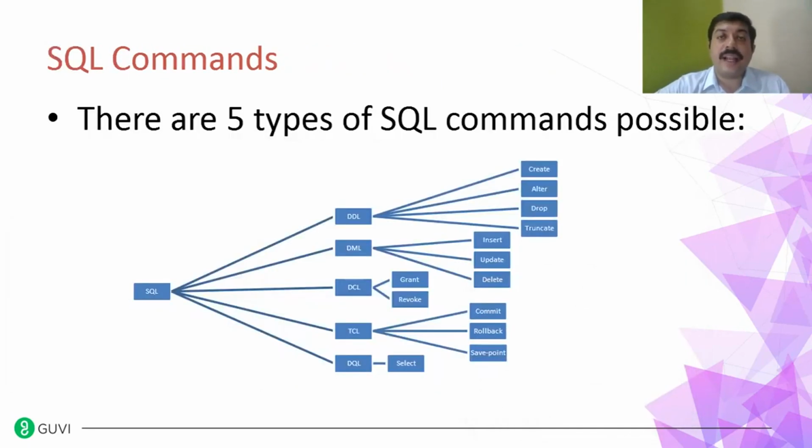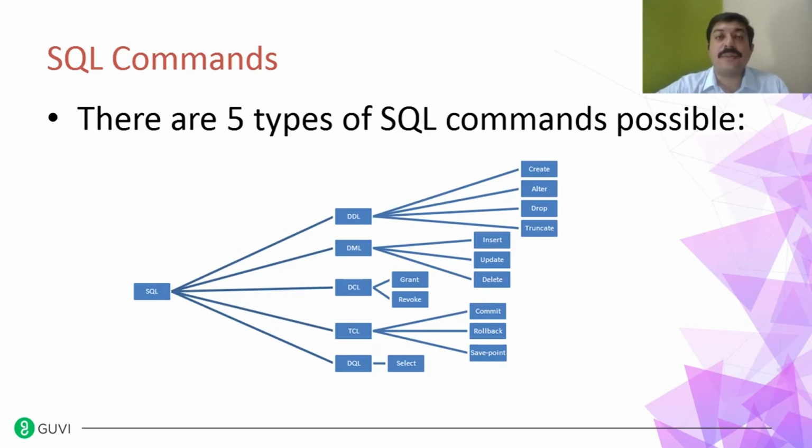So in this way it is working. As it is a language, it has several commands, keywords, and operators. First of all, we're going to discuss SQL commands. SQL commands broadly are of 5 types: DDL, DML, DCL, TCL and DQL. DDL has create, alter, drop, truncate commands.